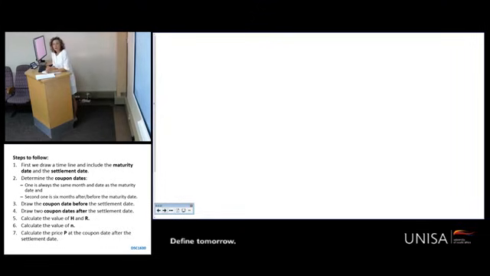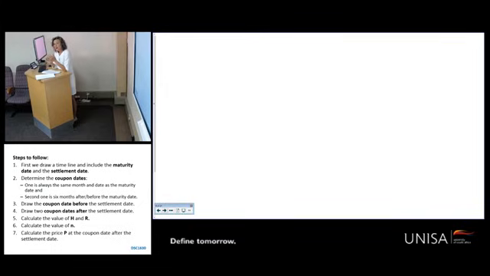Right. Now, if we do get an example or need to do an exercise on these, I always say I've got a cake recipe. There are steps to follow. A certain way that I would first draw a timeline, putting in the maturity date and my settlement date. Then I determine my coupon dates. Remember, this is maturity date plus 6 months. Then I draw the coupon dates on both sides of my settlement.